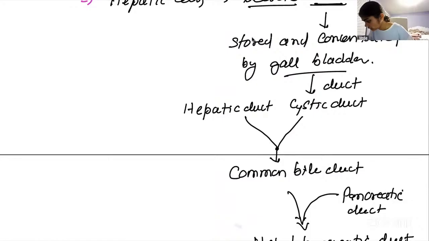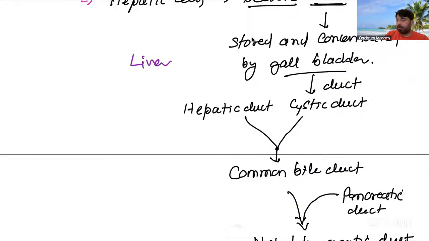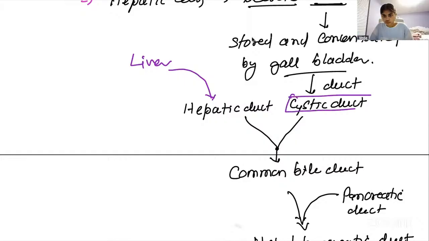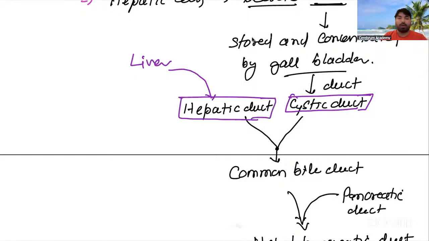Let me pause you. From the liver comes the hepatic duct, and from the gallbladder comes the cystic duct. Hepatic means connected to the liver.